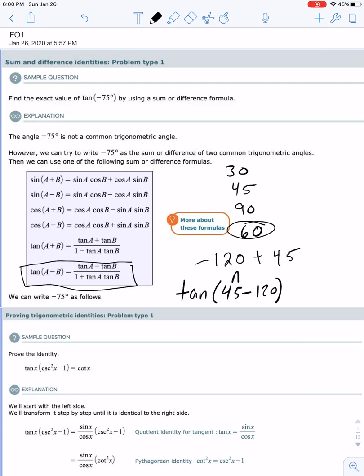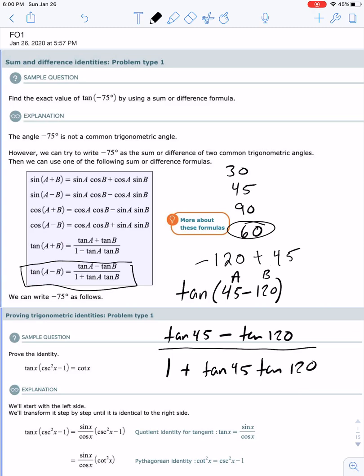A is going to be 45 and B will be 120. So we're going to have the tangent of 45 minus the tangent of 120 divided by 1 plus tangent 45 times tangent 120.